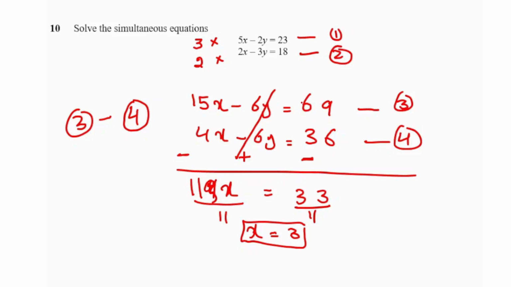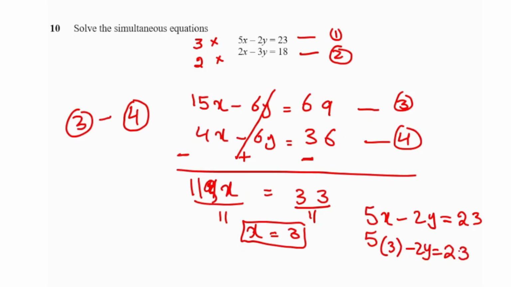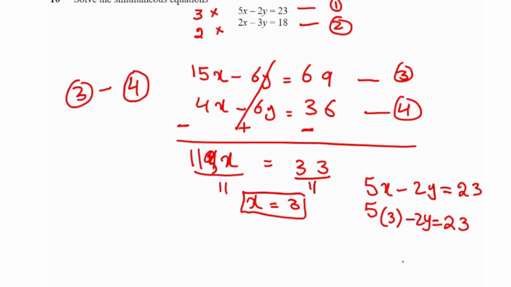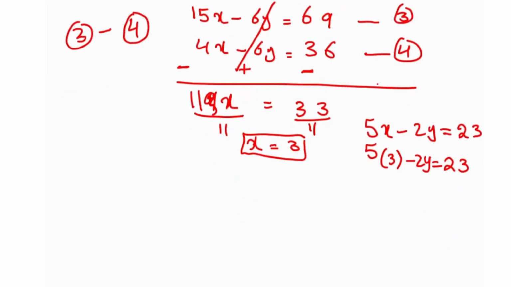Now we need to find out the other variable, which is the y variable. We're going to use one of the equations. Let's use the first equation. 5x minus 2y is equal to 23, and 5 times 3 minus 2y equals 23. So 5 times 3 gives us 15, minus 2y is equal to 23.